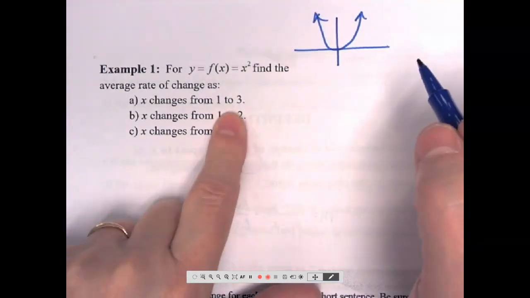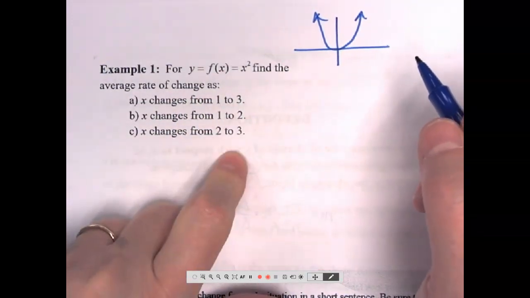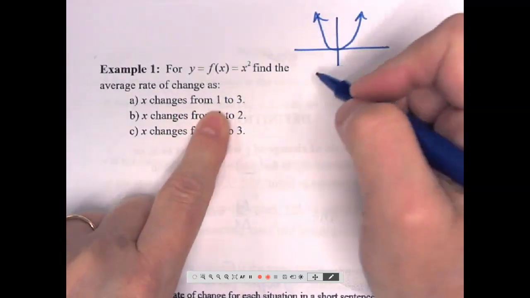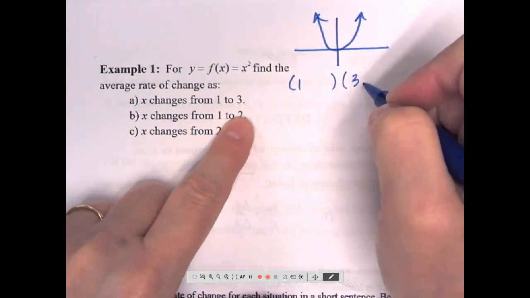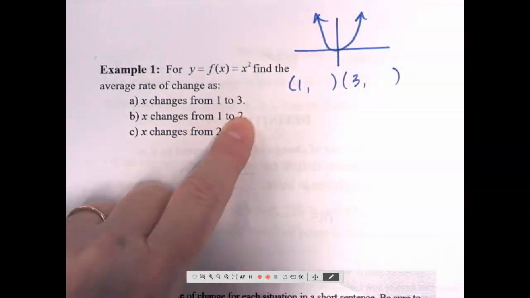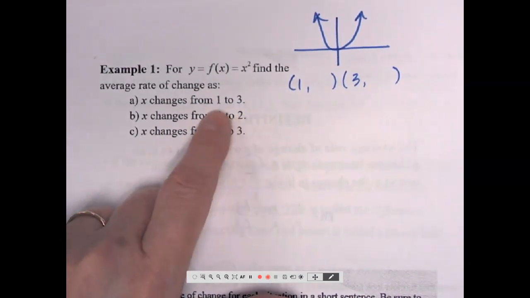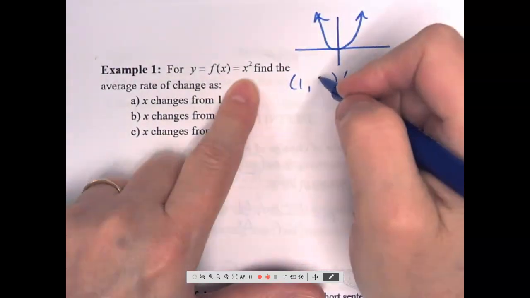Okay, these x values that were given, let's just go ahead and find the whole ordered pair for them. So x is starting at 1, and then it's going to 3. So let's find the ordered pairs on the function. If I sub 1 into x squared, 1 squared is 1.